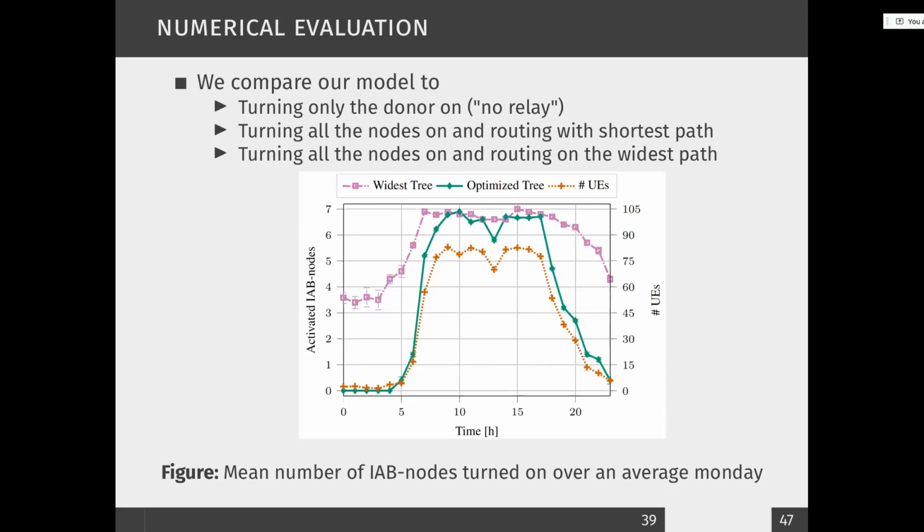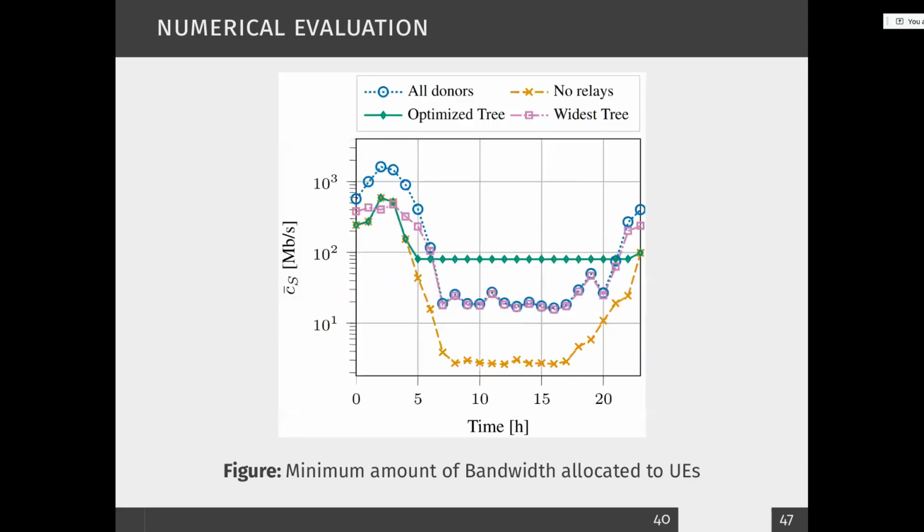But we on average use fewer base stations than widest tree, and we follow quite closely the UE curve, which means that when there's a lot of UEs, we turn on more base stations, and when there's less, well, we manage to shut down our nodes.